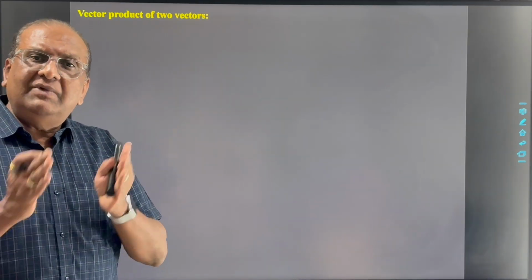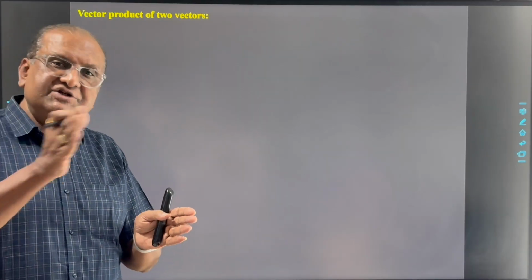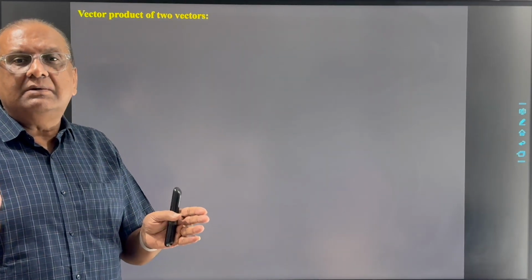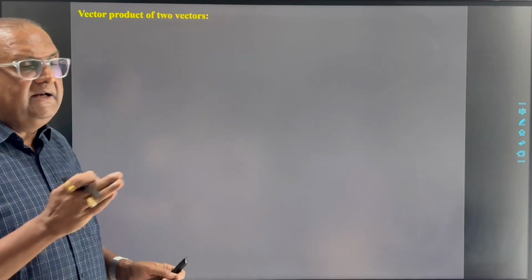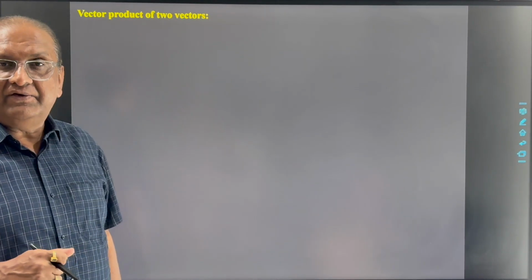When the product or multiplication between vectors is carried out in such a way that the result comes to be a vector quantity, then it is known as the vector product of two vectors. Right?